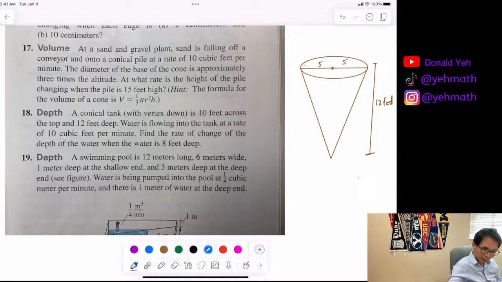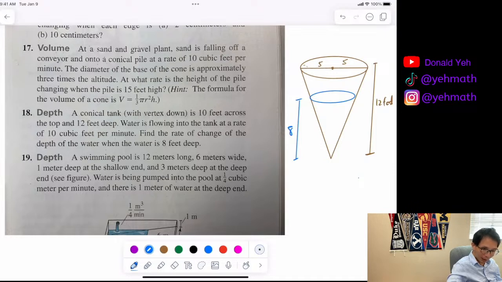So that's about 2/3. Oops, that's ugly as water. Okay, so that's the water. The water is how high? 8. Now it turns out there's a similar triangle ratio here.